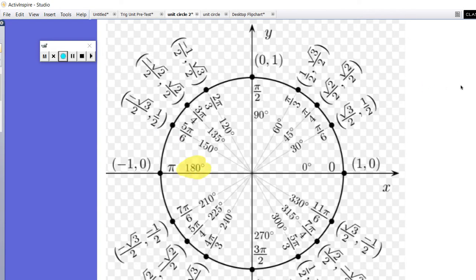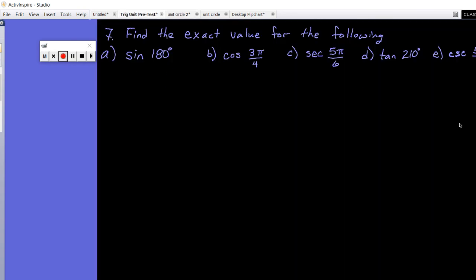Remember it goes cosine, sine, so my sine value is the second one. The sine value at 180 degrees is 0. So this answer is 0.